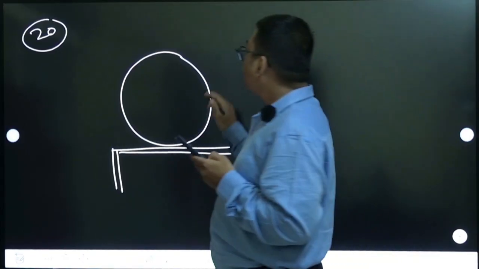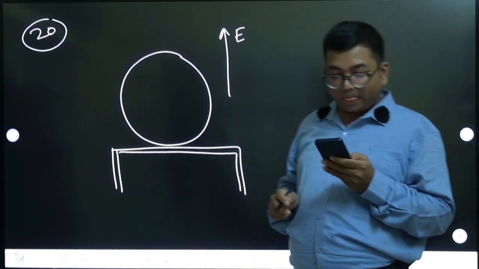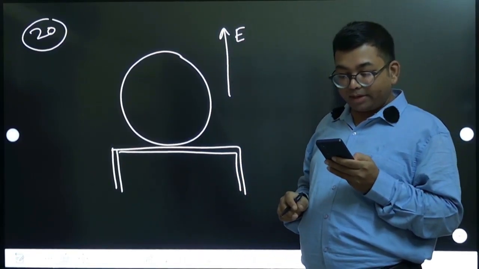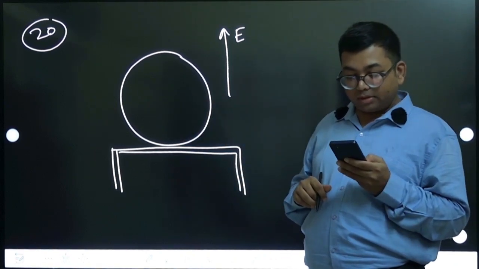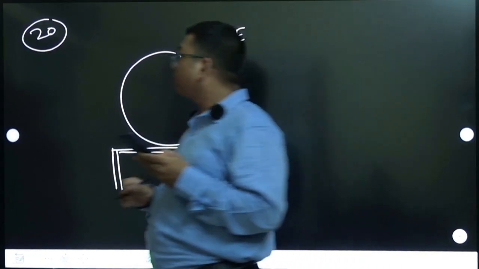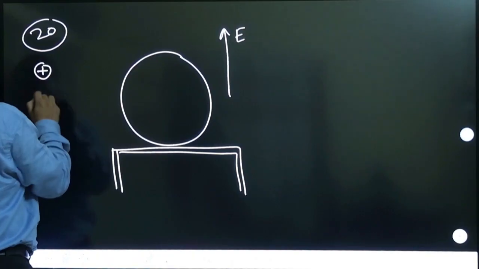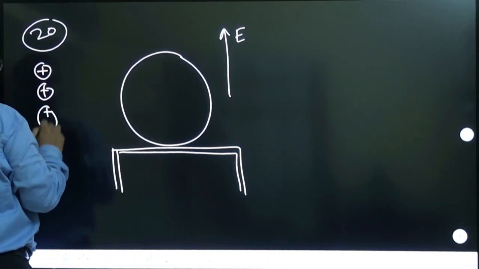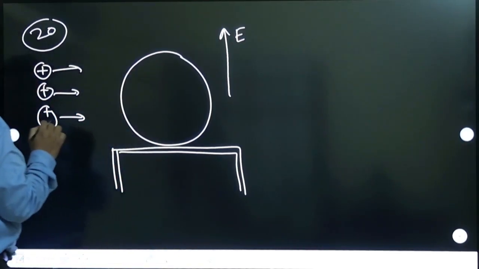Electric field is acting upward direction. Some electric field is there. Okay. Stream of light ions. Some ions are going to hit it, right? Ions are moving. So ions are moving here. So some positive ions you can consider like this. So these ions are moving and going to get deposited over its surface.